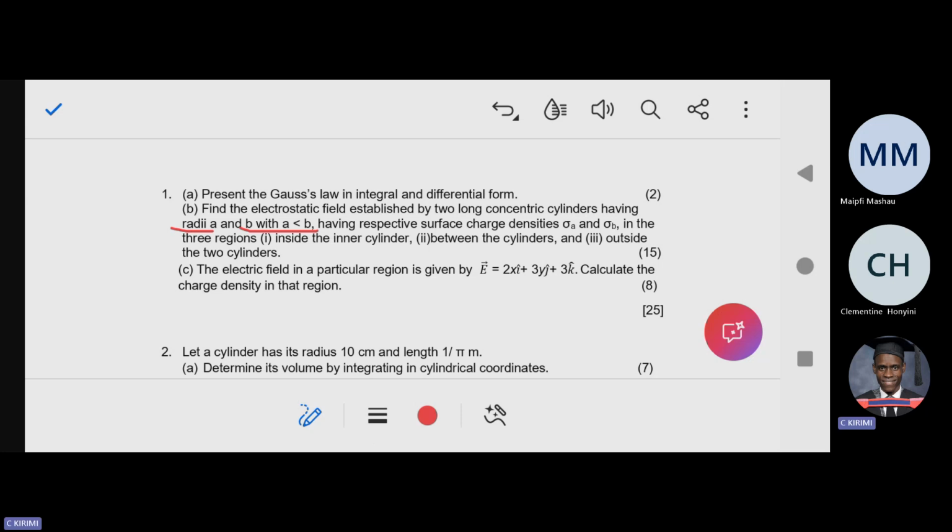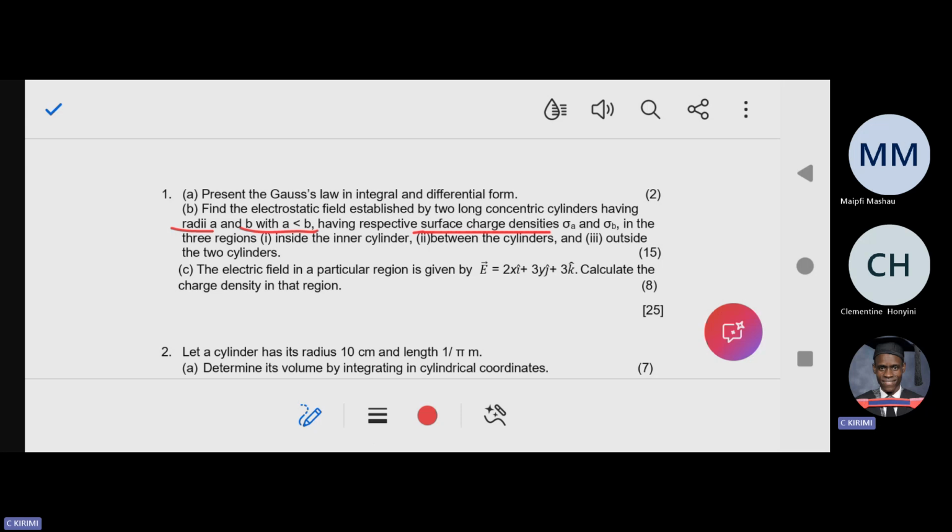Having respective surface charge densities. So that symbol, sigma, represents surface charge density. Whenever you see that symbol there, it indicates the charge densities of A and B in the regions.